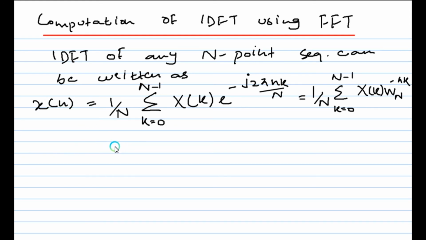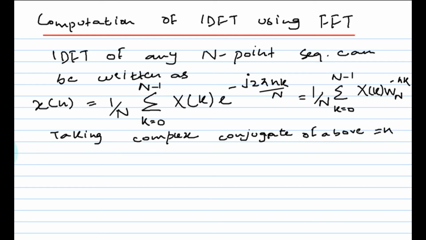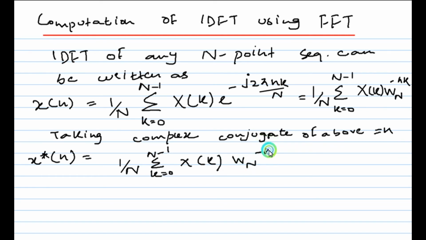So if I take the complex conjugate of the above equation, then I can write x conjugate of n as equivalent to 1 by N summation k running from 0 to N minus 1 of X of k times W_N to the minus nk, whole conjugate. Fine.